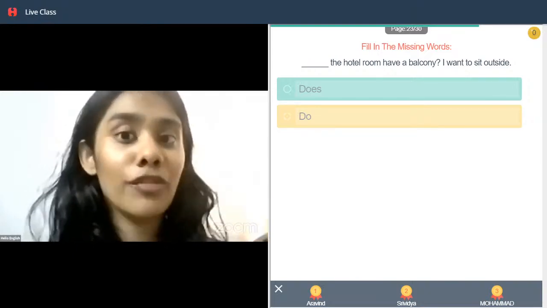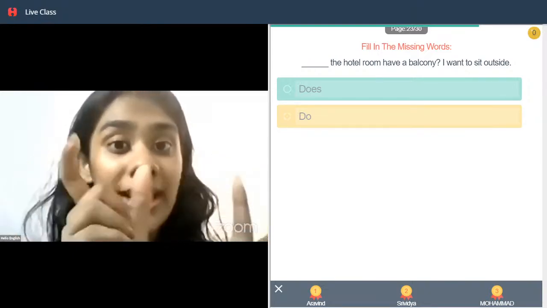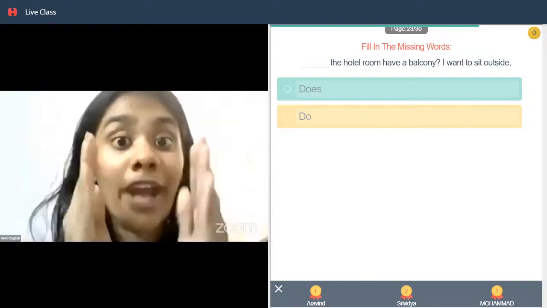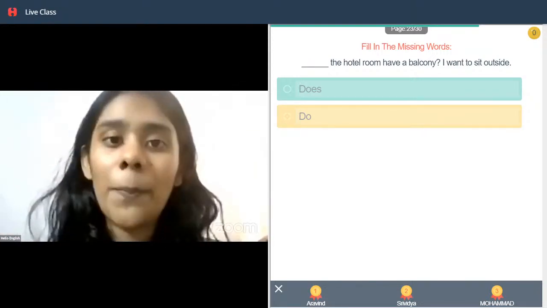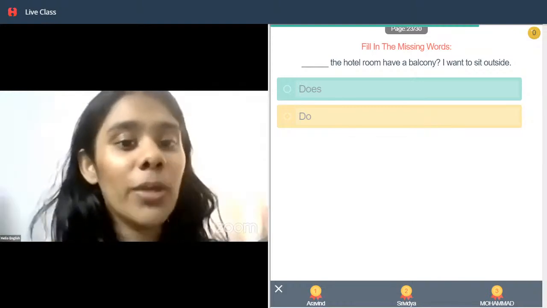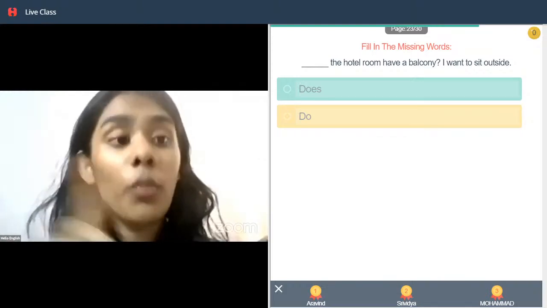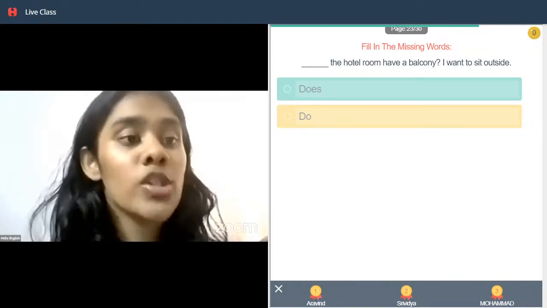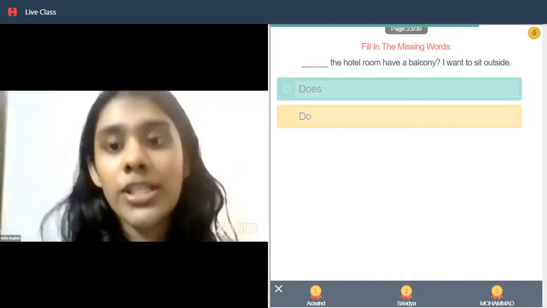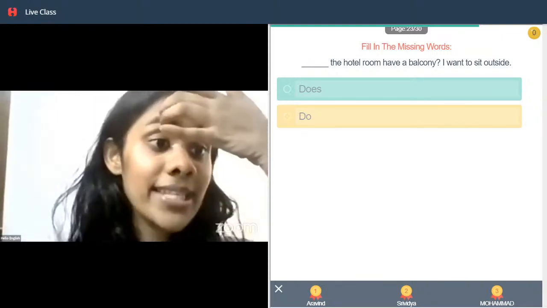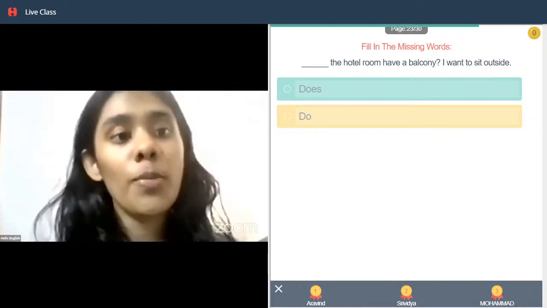So if you're getting confused like this, try to replace the subject with a pronoun. If you replace it with a pronoun, definitely 100% you will be able to understand easily whether to use do or does. With it we use the word does, right? So therefore it's very simple now. Does it, or does the hotel room have a balcony?